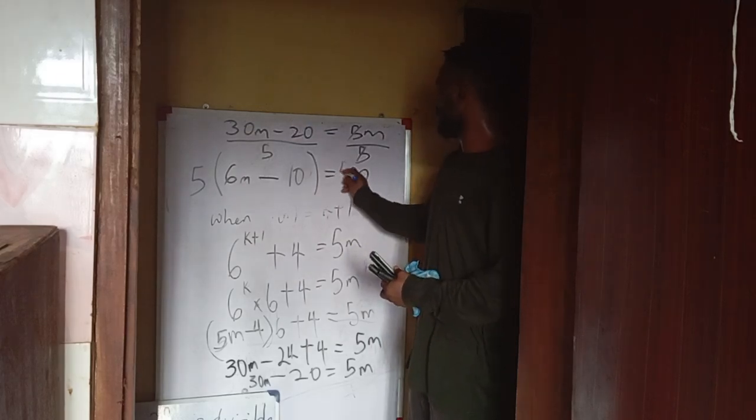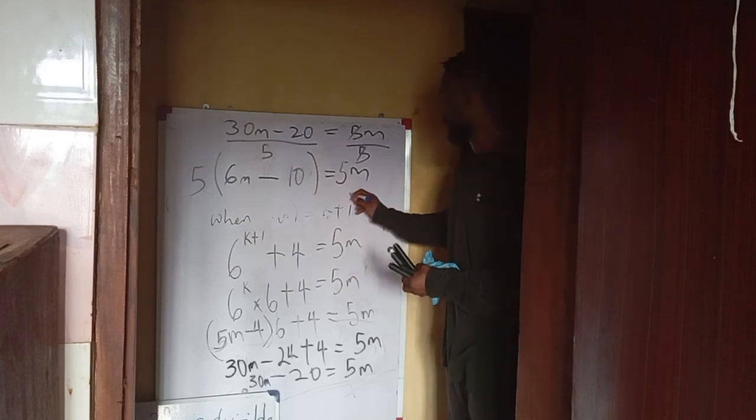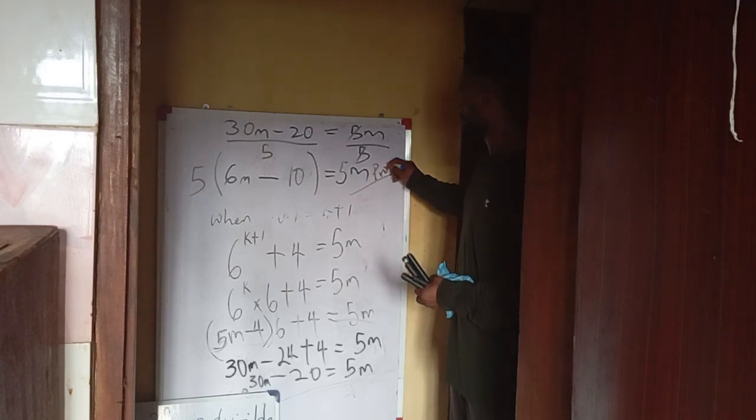Then 5 going into 5m is going to give me m. Hence, we've proved it.